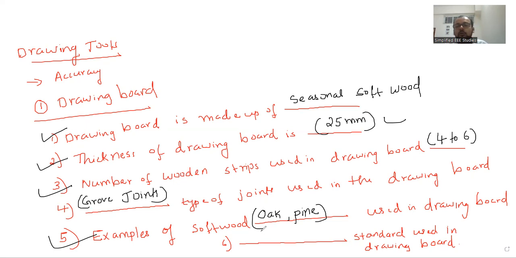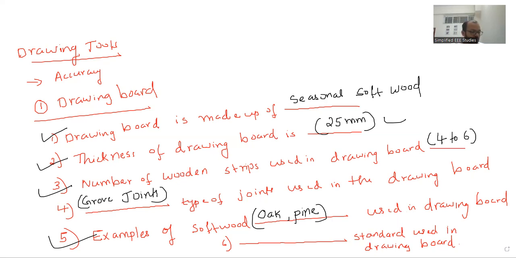Next is one of the very important questions. It may be asked in the examination, and civil and mechanical graduates are usually familiar with this. Which standards are used in the drawing board? Different standards are available, like the ISO standard and the ISI mark, which you must be familiar with. What kind of standards are followed for these drawing boards?